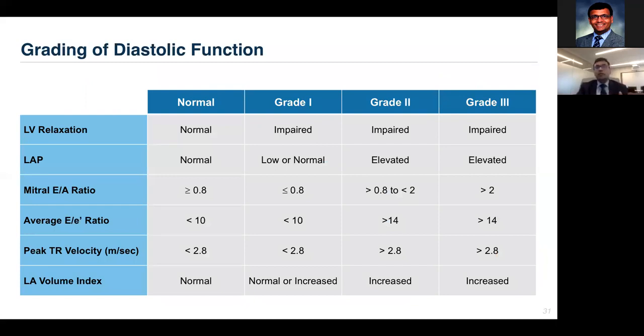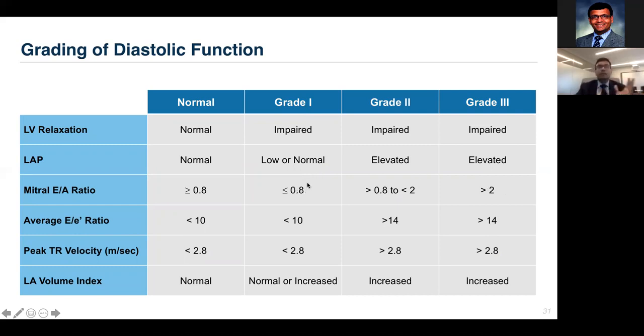If you just look into the transmitral flow velocity, and if it is reduced, less than 0.8 or more than 2, then you know that you're going towards grade 1 or grade 3.